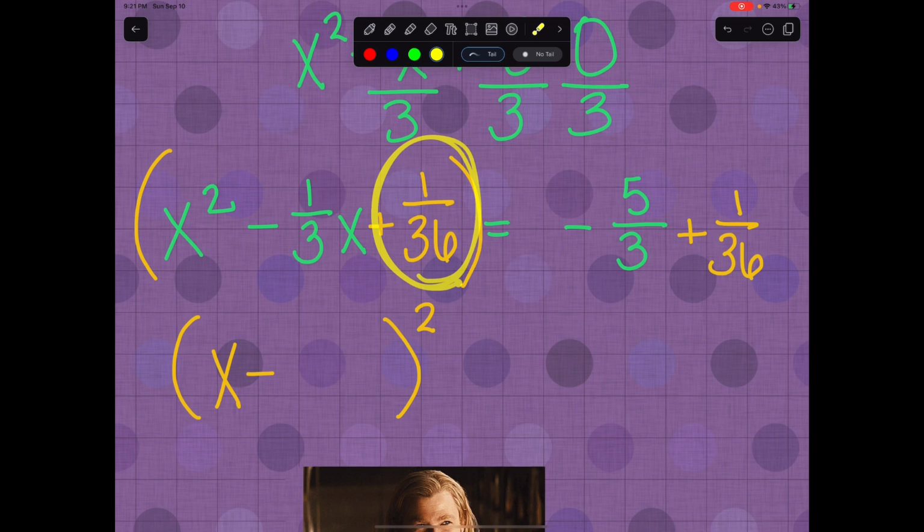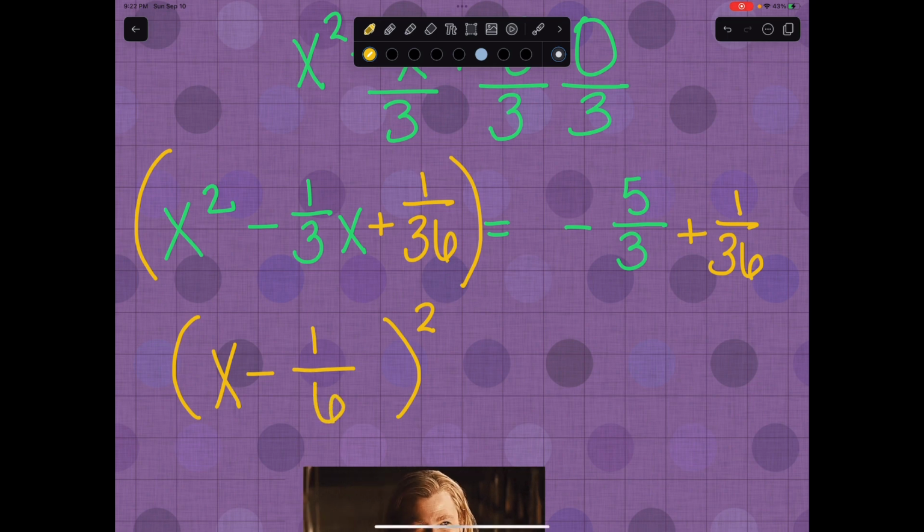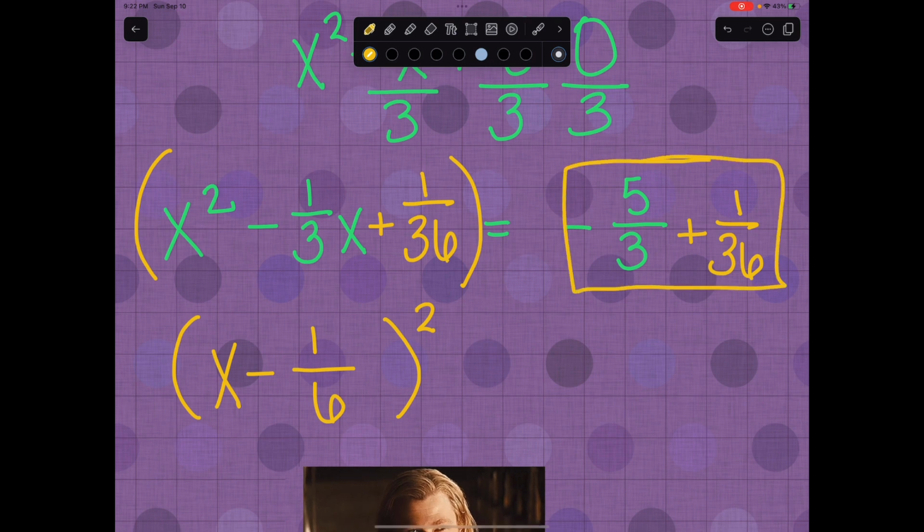So it's -1/6. That negative was already there with that. So it's x minus 1/6 squared is equal to, you have to get common denominators before you solve that problem, but when you do that, it's going to be -59/36.